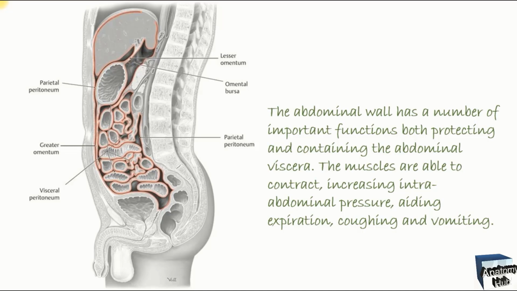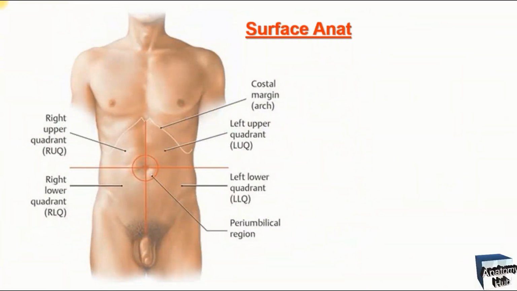The muscles are able to contract and increase the intra-abdominal pressure, aiding expiration, coughing and vomiting. Here we will discuss the surface anatomy first, and how the anterior abdominal wall will be helpful.